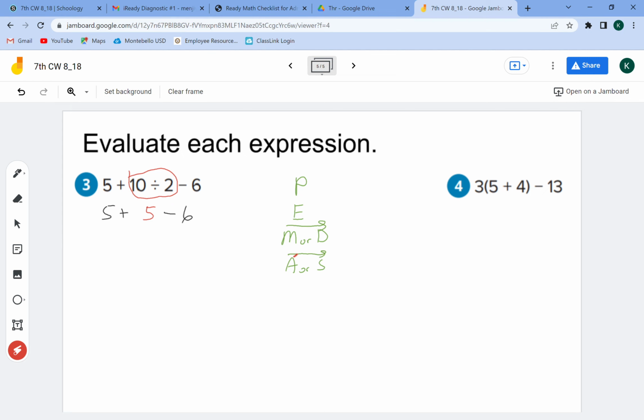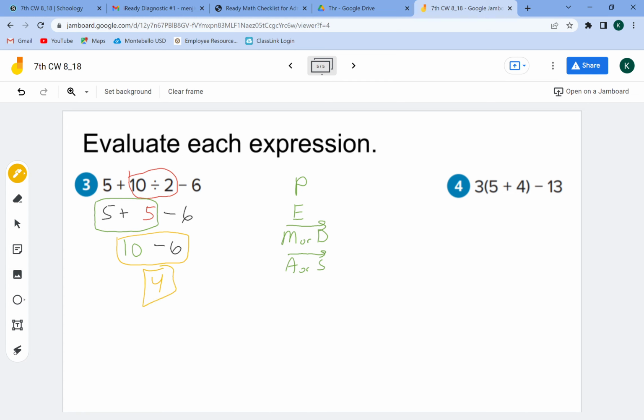But remember, I have to go from left to right, so I start off with the addition first. 5 plus 5 gives me a 10, and then I have here minus 6. Now I can do the subtraction. 10 minus 6 gives me a 4. Okay, and there's my conclusion there.